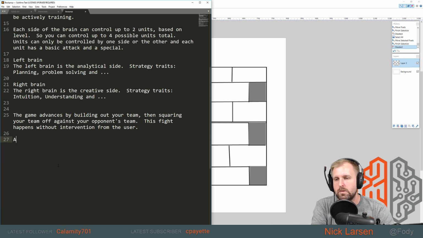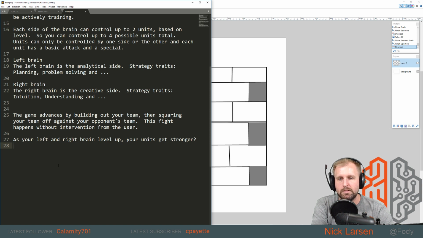As your left and right brain level up, your units get stronger. Something happens. Leveling up the left brain and the right brain needs to improve your units somehow.